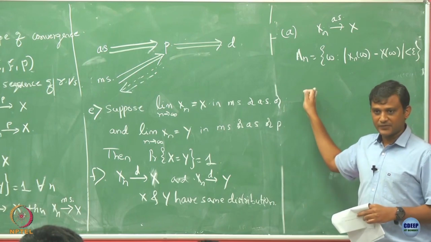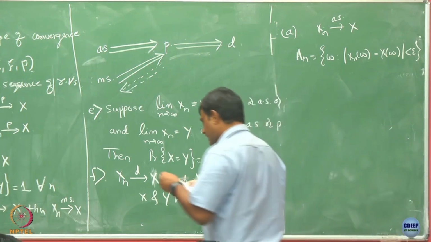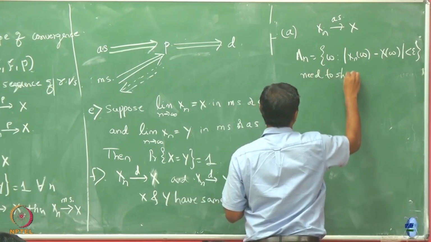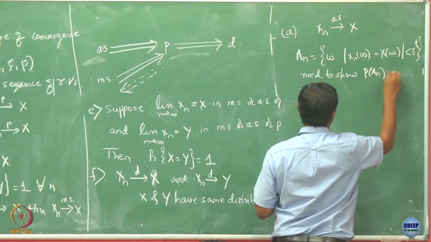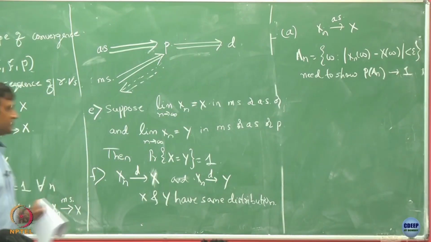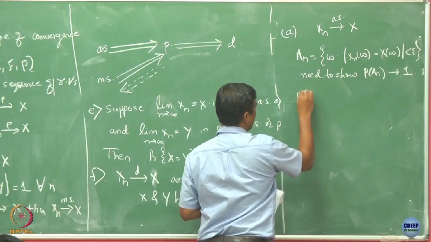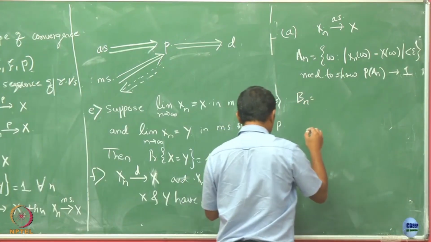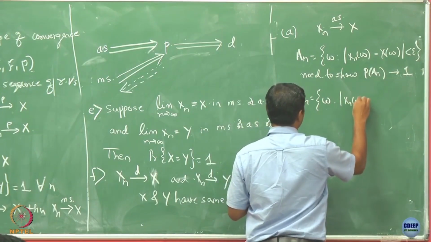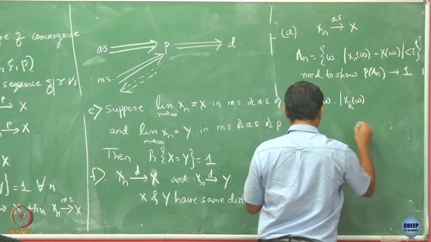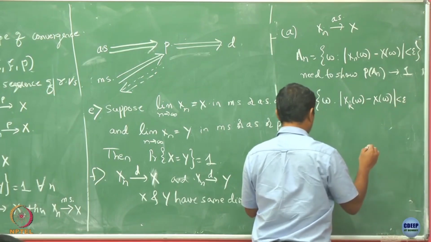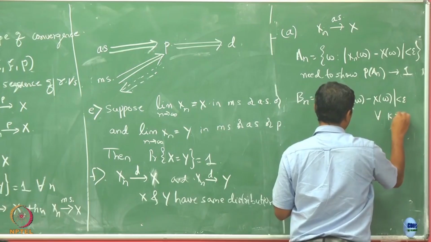That is the definition of convergence in probability, right? Let us try to see if we can do that. For that we need to construct some specific sets. So let us define Bn to be all omega such that the absolute value of Xk of omega minus X of omega is less than epsilon for all k greater than or equal to n.